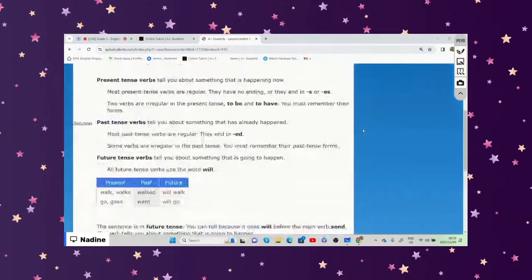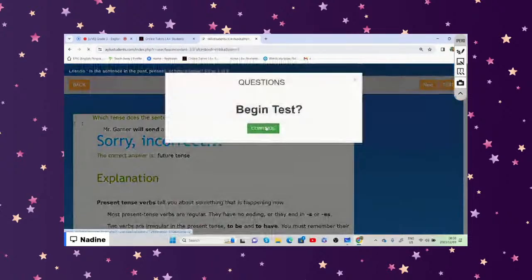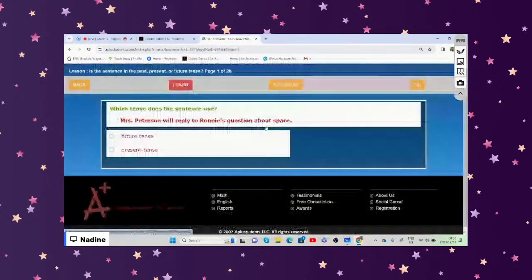All right, so now we're going on to our test. Here it says, which tense does the sentence use? It says, Mrs. Peterson will reply to Ronnie's question about space.